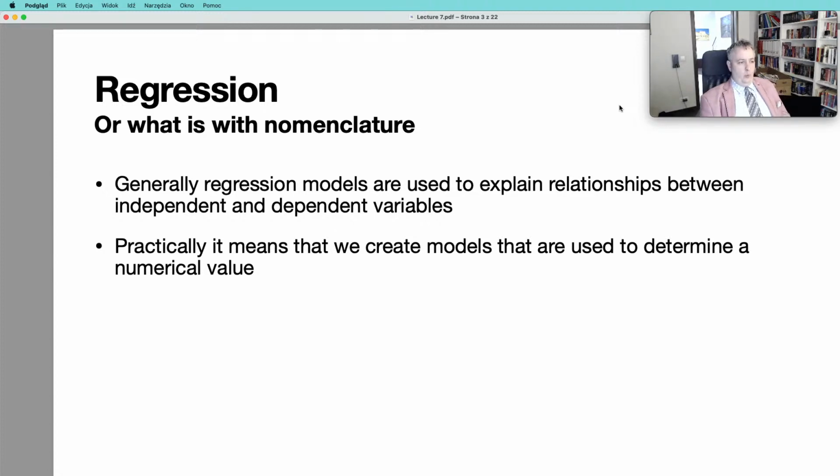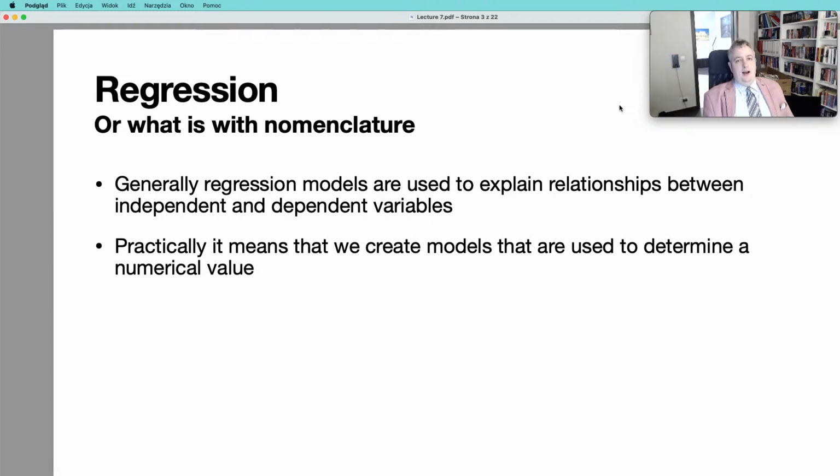So generally, what we will be considering today is regression. At least what is called in statistics regression, because regression models are used to explain relationships between independent and dependent variables. Independent variables can be those things that we measure, and dependent variables are the quantities that we are interested in. For example, classically, we know the parameters of a wine and we want to predict its price. This is the classical regression model.